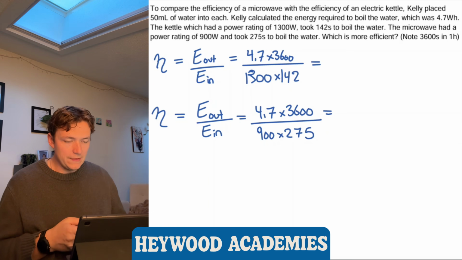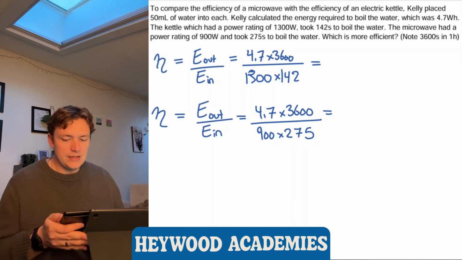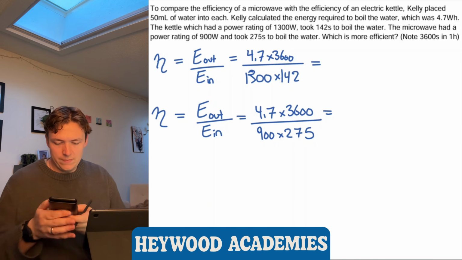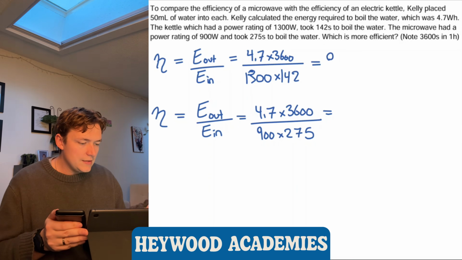Okay, so we'll do the top one here first. 4.7 watt hours converted to joules divided by the total amount of joules that the kettle took. Let me multiply this by 100 as well, to put this into a percent. This gives us 9.17%.